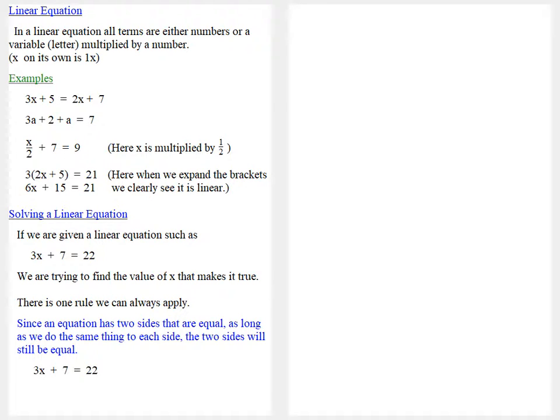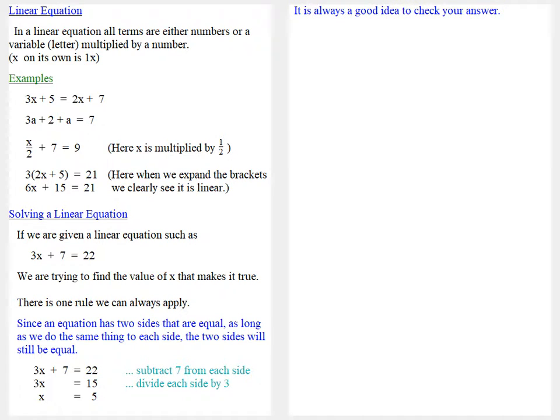So if we take our equation 3x plus 7 equals 22, we can subtract 7 from each side. This will leave 3x equals 15. Now if we divide both sides by 3, we'll get on the left-hand side x and on the right-hand side 5, so x equals 5, and that's our solution.